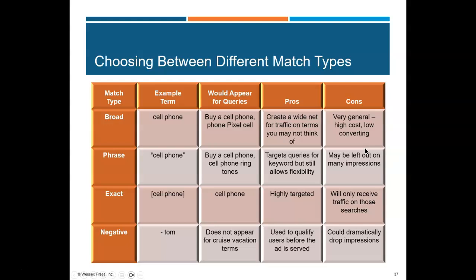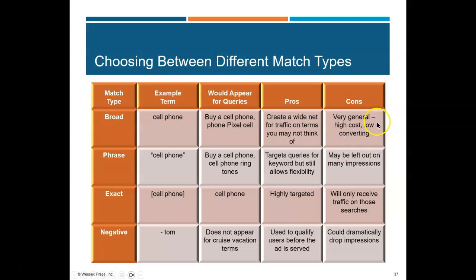Choosing between different match types. This is just a little graph that shows you if you choose broad match type, this is what you'll get. An example term, cell phone, buy a cell phone, phone pixel cell, creates a wide net for traffic on terms you may not think of, very general, high cost, low converting.